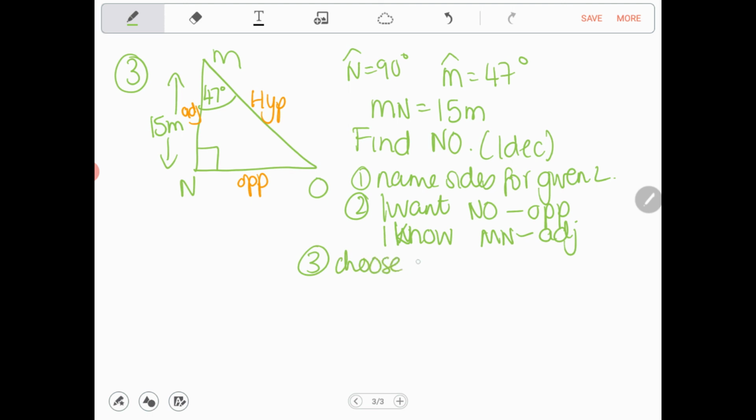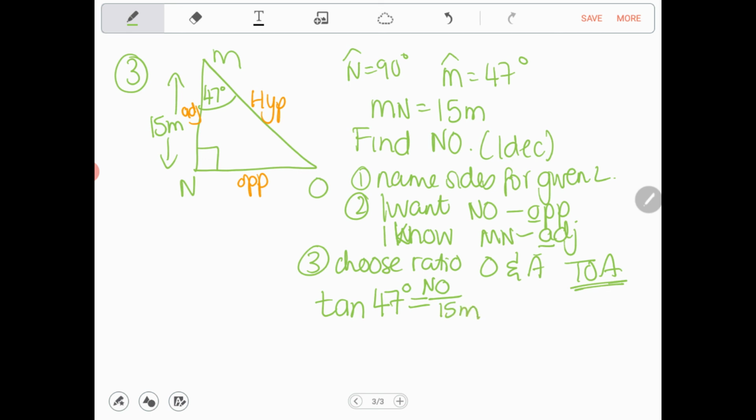Okay, choose your ratio. O and A, those are the two things I've got, opposite and adjacent. So it must be TOA. So tan of 47, because that's the angle I used to name the sides, is equal to opposite, which is NO, over adjacent, which is your 15.